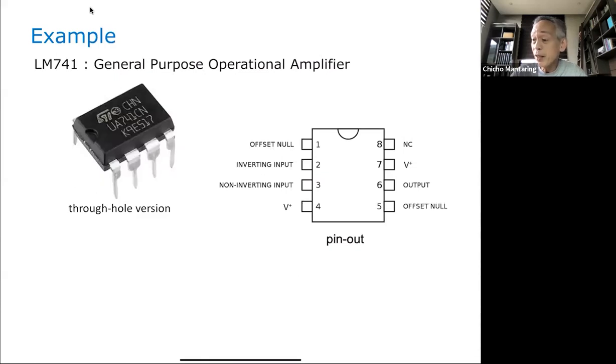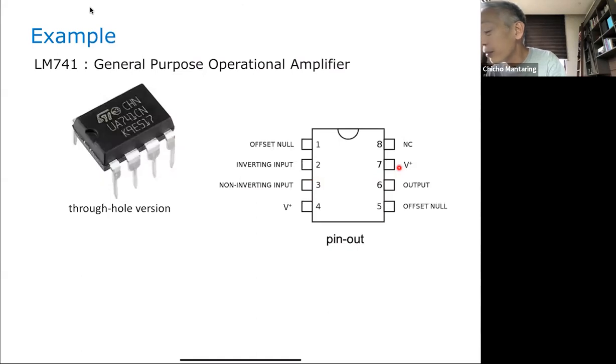So for example, in this particular case, itong pin 2 is your inverting input. Okay. Pin 7 on the other side is your, sorry, yeah, pin 2 is your inverting input. Pin 3 is your non-inverting input. And then you connect your positive supply at pin 4, that's this pin, and you connect your negative supply at pin 7.